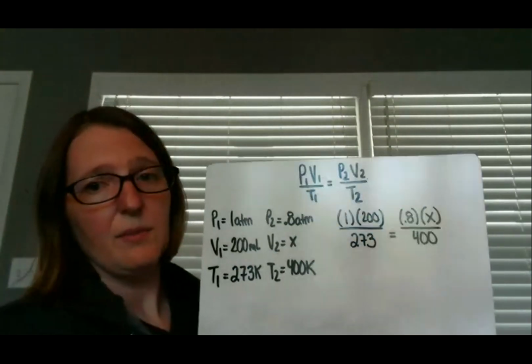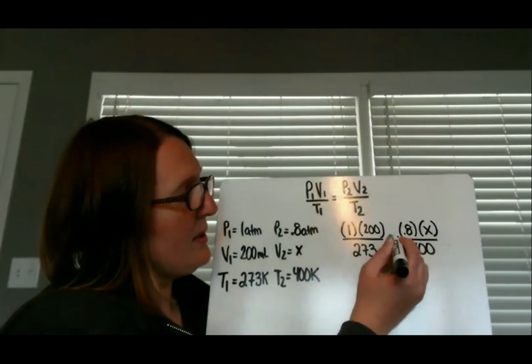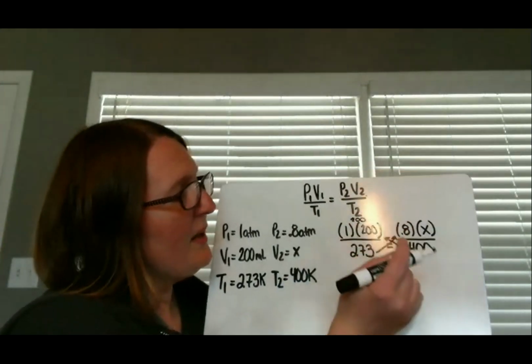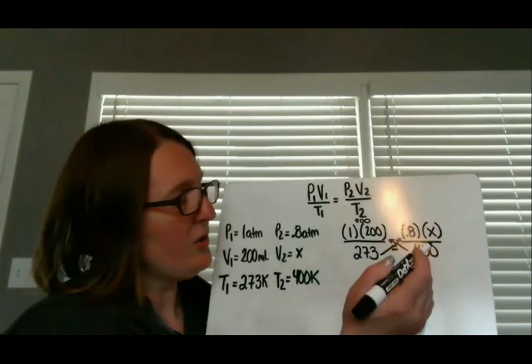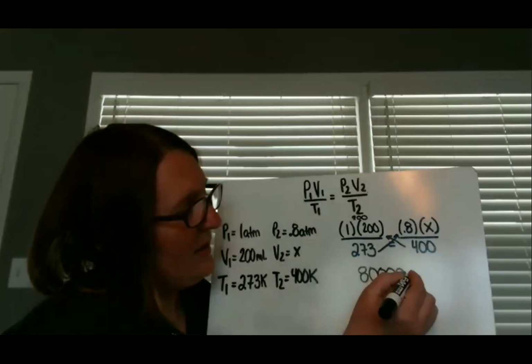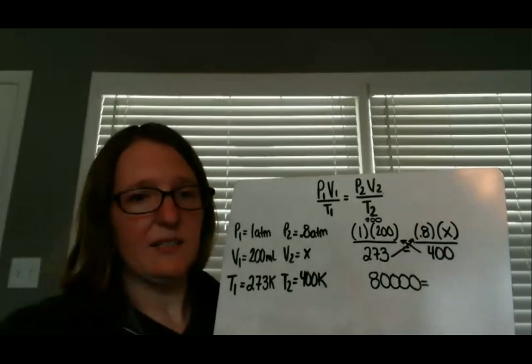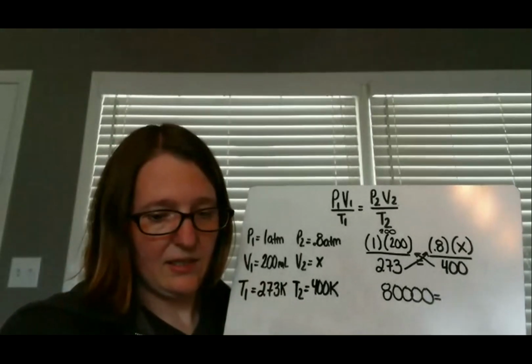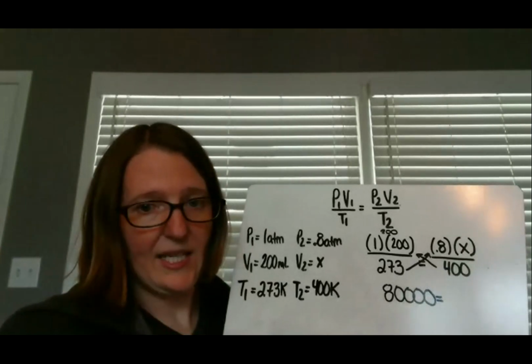To solve for this, remember we're going to cross multiply. So 200 times 400 is going to be 80,000. And then I've got my calculator here, we're going to take 273 times 0.8.